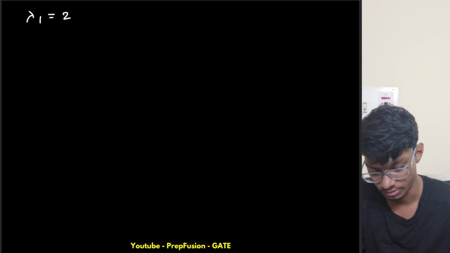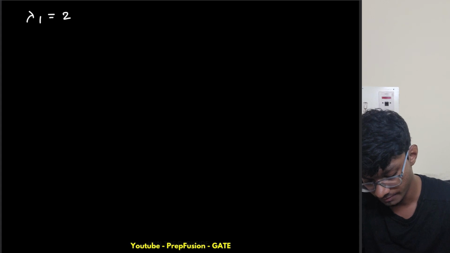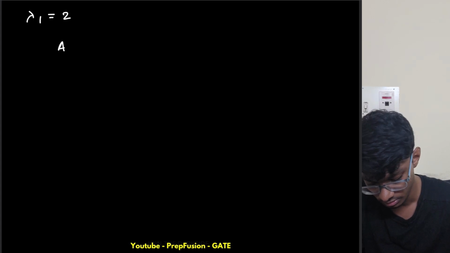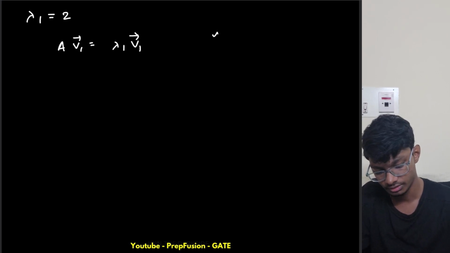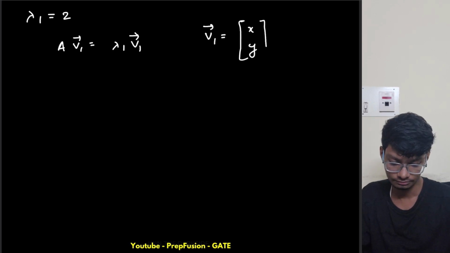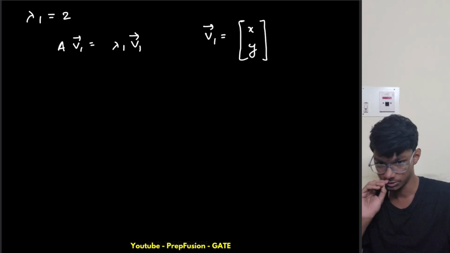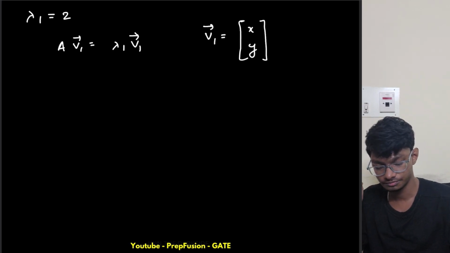So when lambda 1 equals 2, what will my equation look like? This will be A v1 equals lambda 1 v1, right? Where v1 equals x y. Okay, so what is this basically equal to?